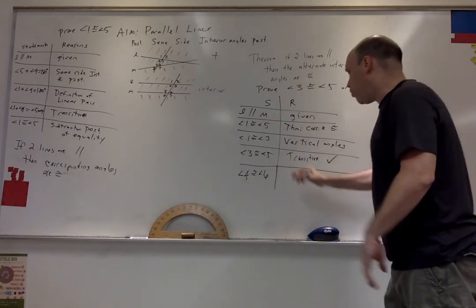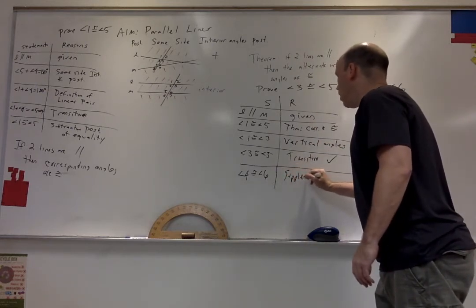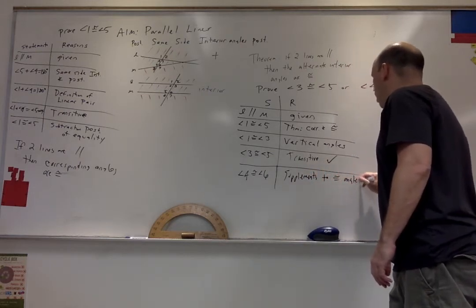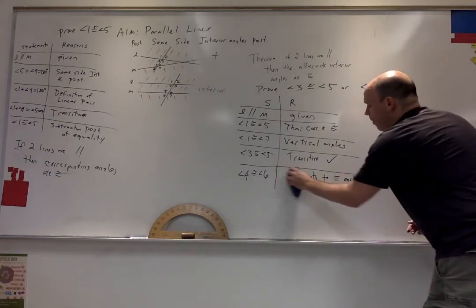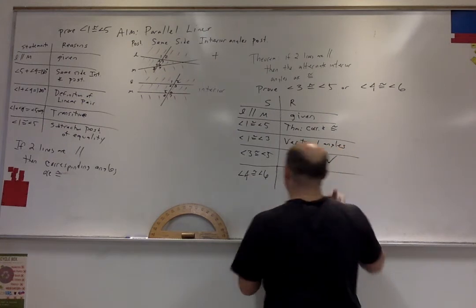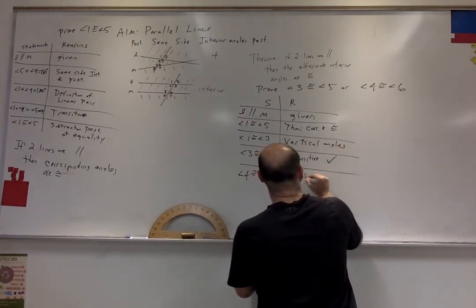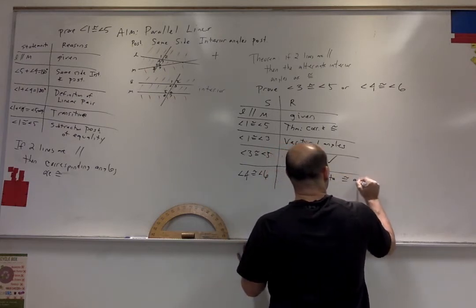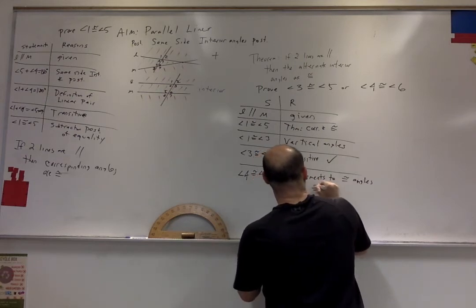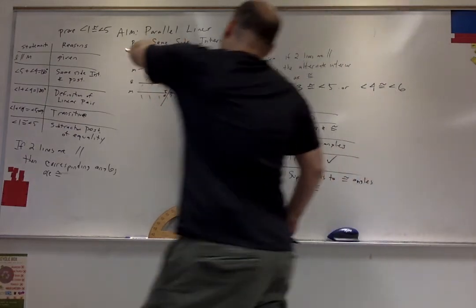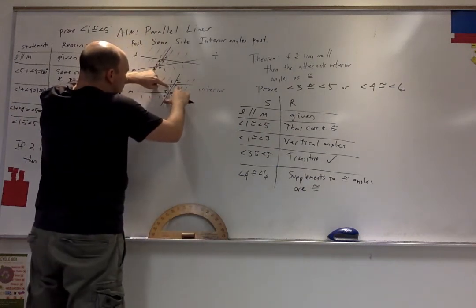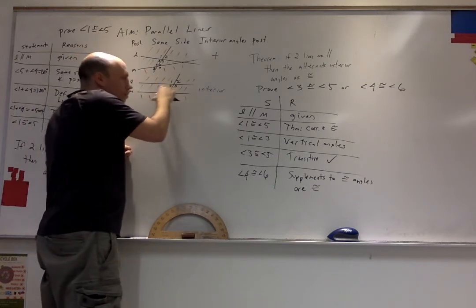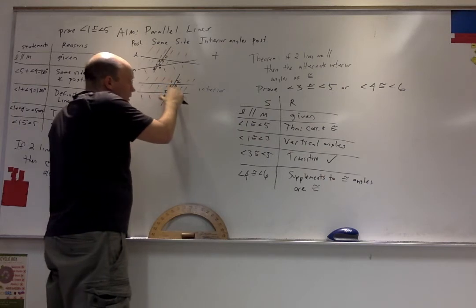In the last class, we proved that supplements to congruent angles are congruent, right? Because 4 is supplementary to 5, and 6 is supplementary to 5. Therefore, 4 is congruent to 6.